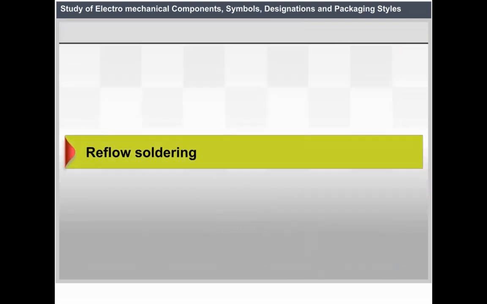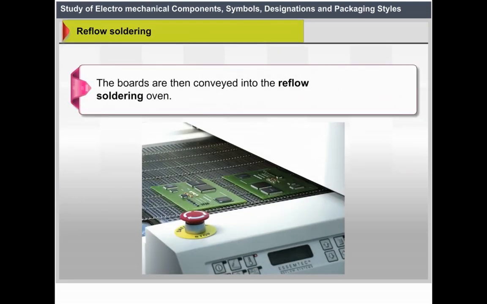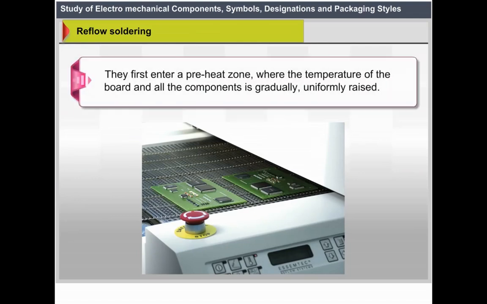Reflow soldering. The boards are then conveyed into a reflow soldering oven. They first enter a preheat zone where the temperature of the board and all the components is gradually and uniformly raised.